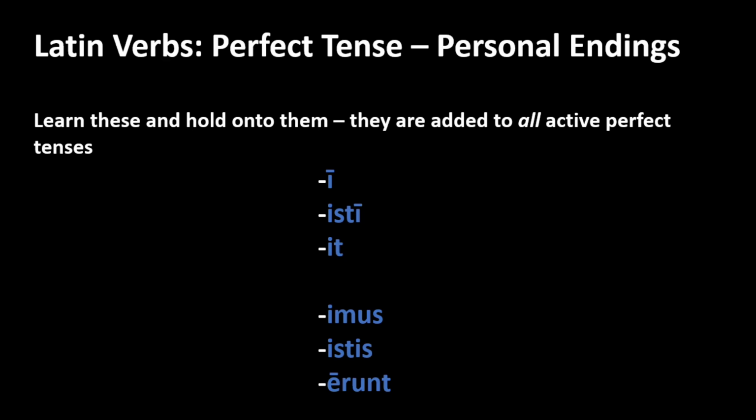They're just the usual personal endings with an addition at the front. You must learn these personal endings and you must hold on to them. They are added to all active perfect tenses in Latin, and they will often be your surest guide to recognizing when you encounter a perfect tense.